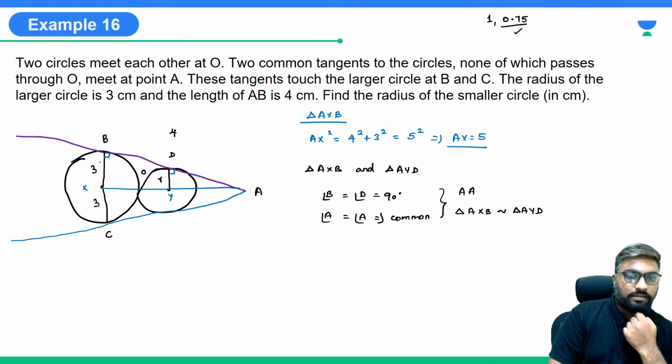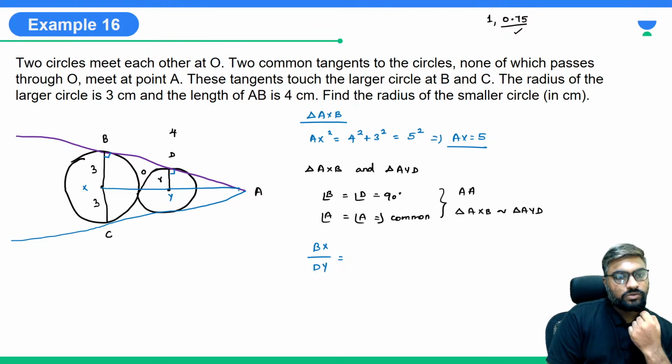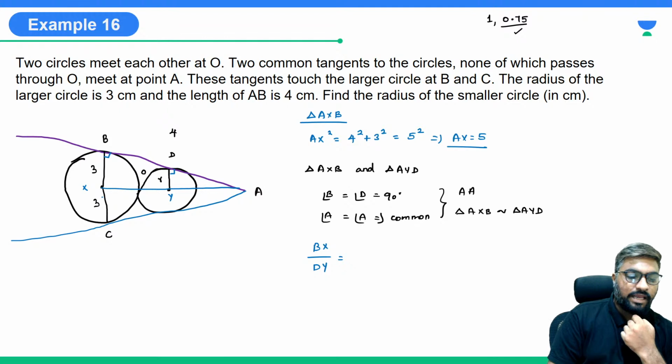We can say BX by DY, है ना? BX by DY will be equal to, okay, we don't know AX का length, we know 5, AX by AY क्या?